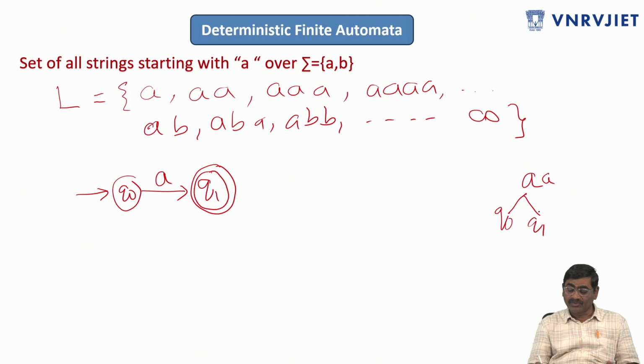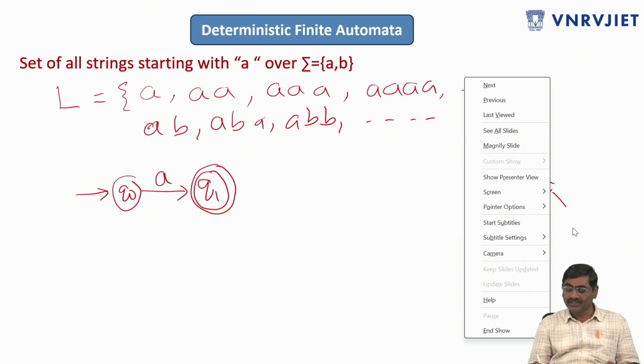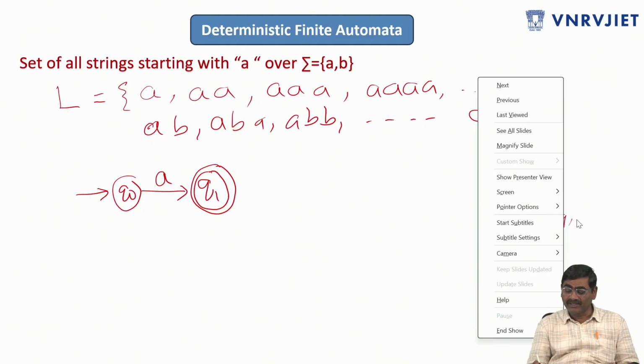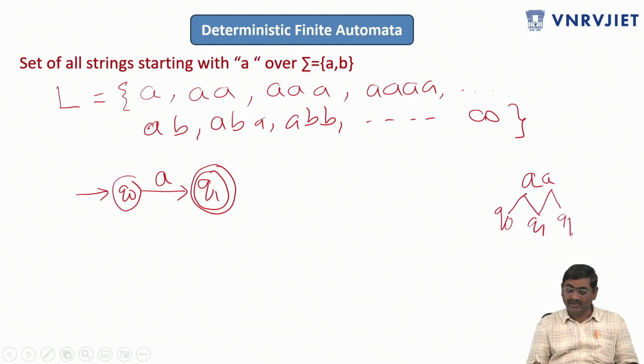From Q1 on A, because one more A is there, it should reach the final state. Here the final state is Q1. Therefore I am writing Q1. The second A, third A, and so on, the remaining A's can be formed as a loop.